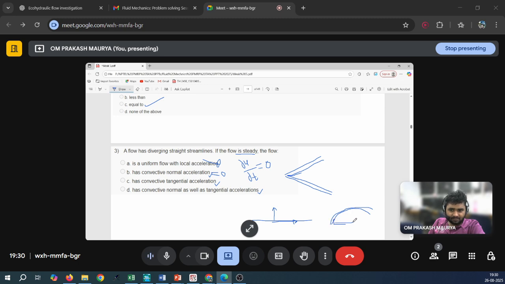If I draw the straight streamline and then the curved streamline, on the straight one the fluid moves from here to here only in the tangential direction. But when the fluid moves on a curved path, the flow is moving in two directions, straight as well as a little bit above. That is the normal. So in that situation, the normal acceleration will be present in your fluid flow. But here it is straight, so definitely your answer C will be correct.